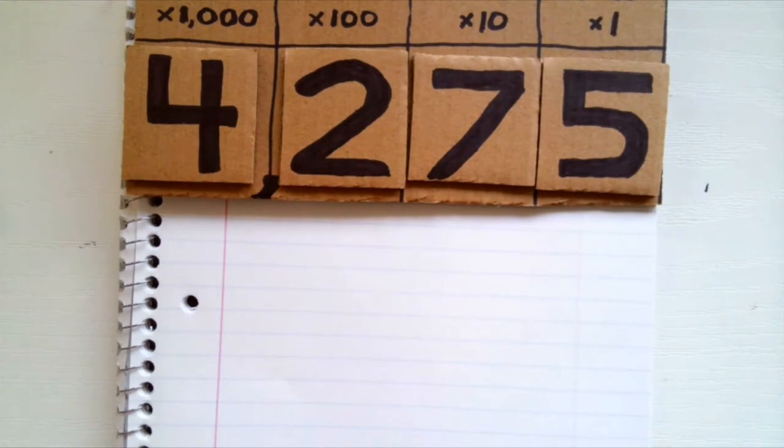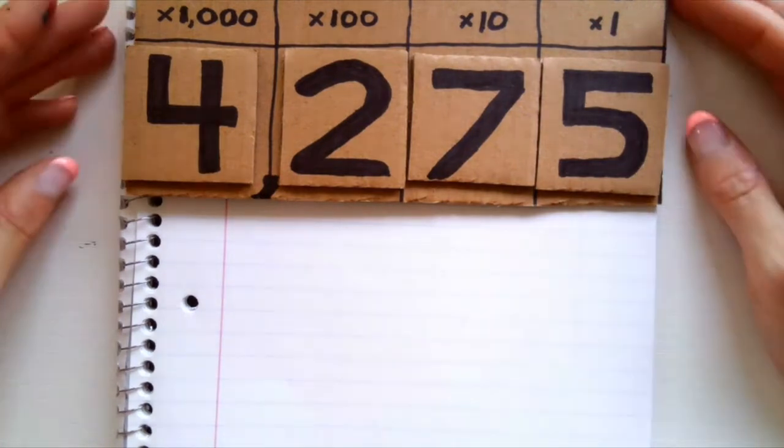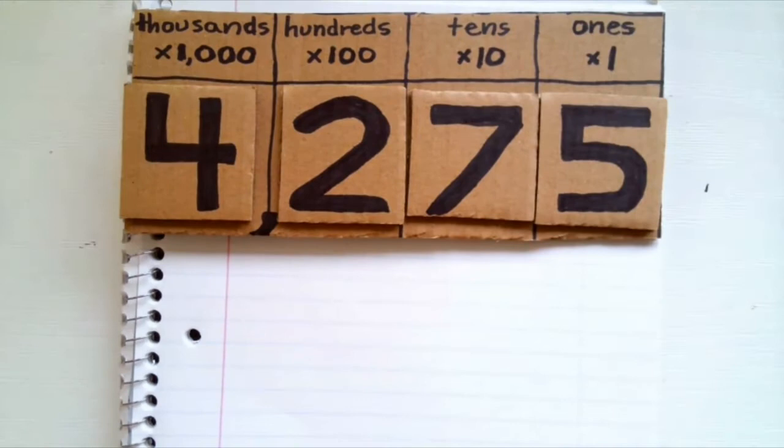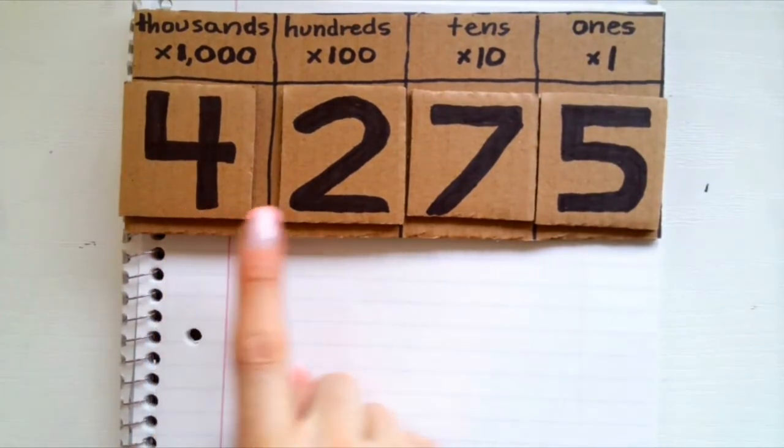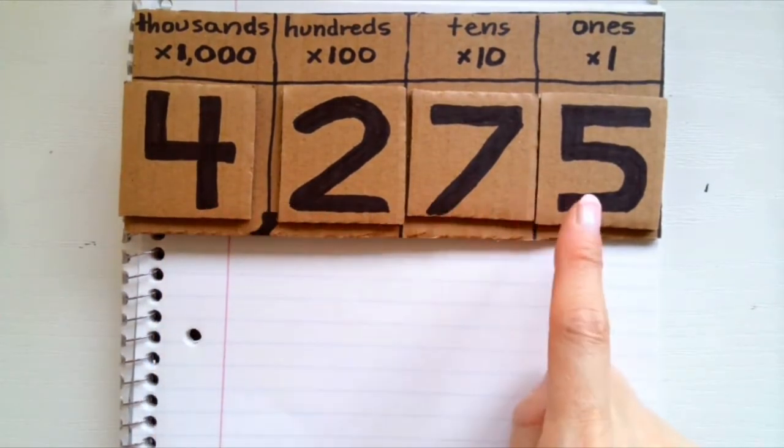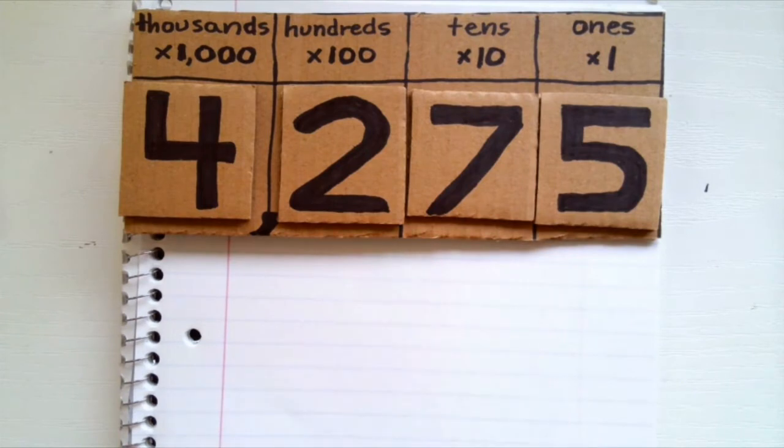What number have I made here on my place value chart? 4,275. So what is the value of each digit? Can you write this number in expanded notation? Let's practice and see if we have learned our learning target today.